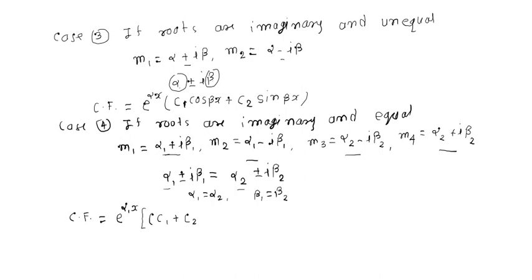Then cos, put the imaginary part beta 1 or beta 2, so beta 1 or beta 2 times the independent variable x, plus another two constants c3 plus c4, but write x with c4 because both complex conjugates are equal. Then sine, put the imaginary part beta 1 or beta 2, so write beta 1 x.